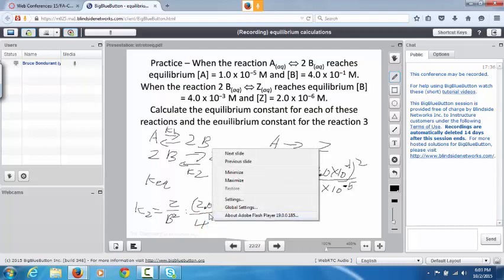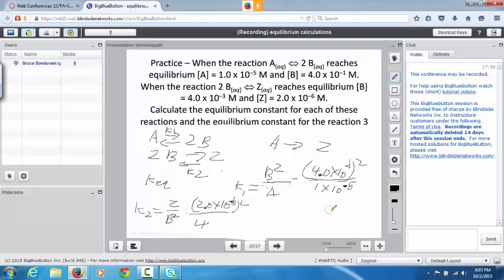Oh wait, actually it's not squared. Sorry about that. It's 2 times 10 to the negative sixth over 4 times 10 to the negative 3. That is squared.